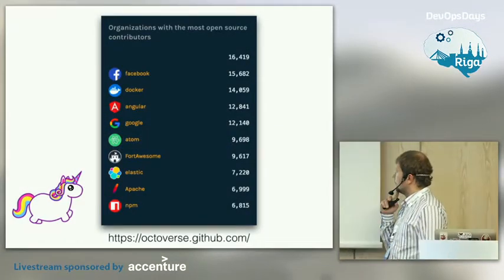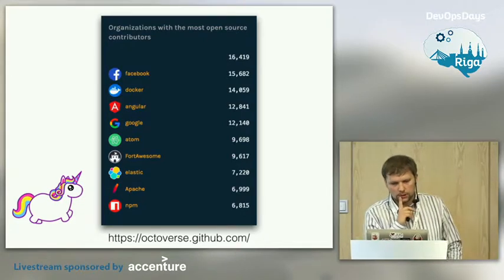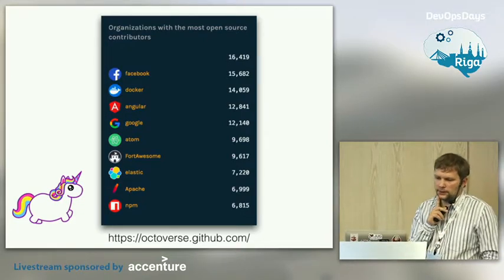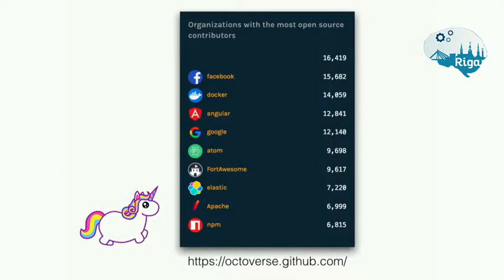Another thing which surprised me is recent statistics from GitHub about organizations with the most open source contributors. And who do you think is in place number 1? Yes, it's Microsoft. So that's scary.